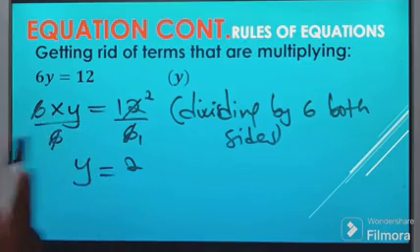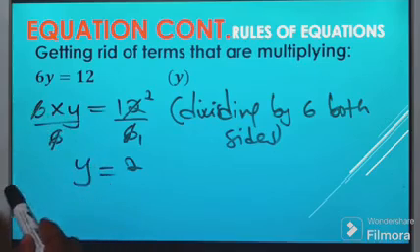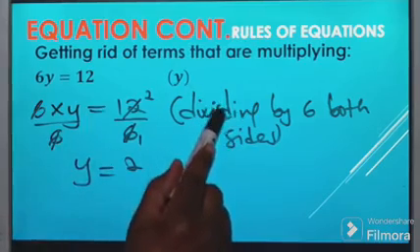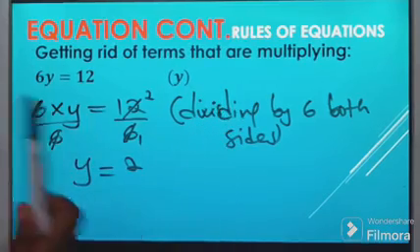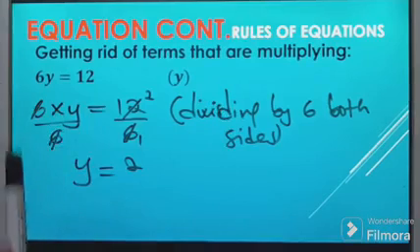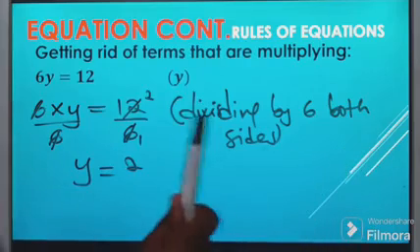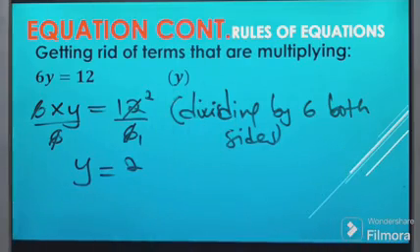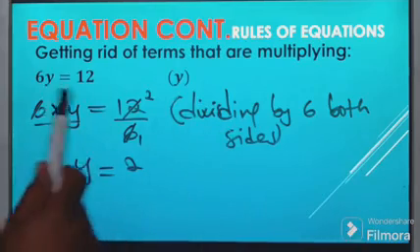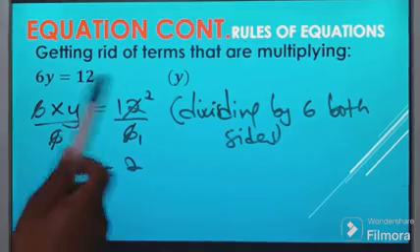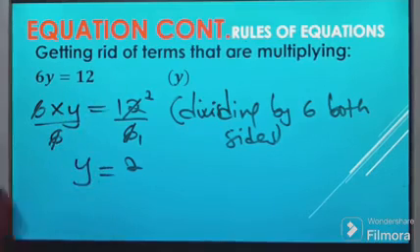We divide by 6 both sides. Always remember both sides, the number 1 rule. Whatever you do on one side, do the same on the other side. And therefore we are going to maintain the equality of the equation.